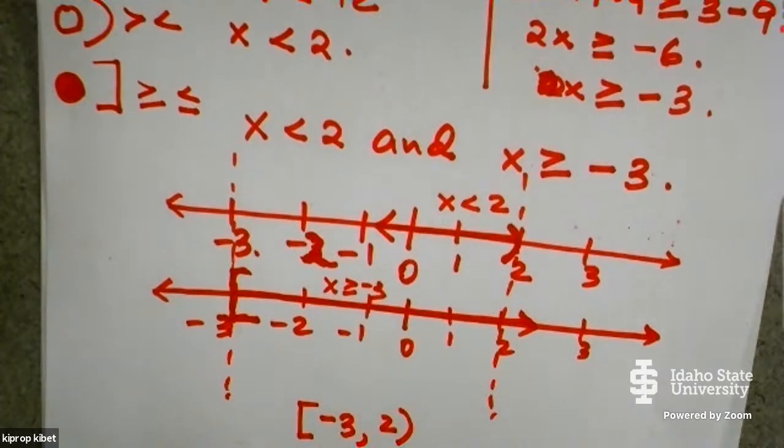Because this one is the values which are less than 2, and these are the values which are greater than minus 3. Then for the and, you should check the values which are both satisfying the inequality. So you cannot choose anything here because it is not satisfying this, and you cannot choose anything here because it is not satisfying this one.